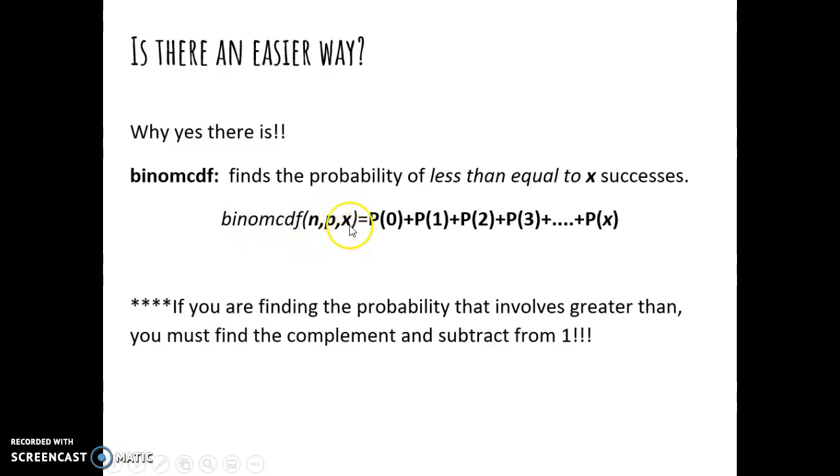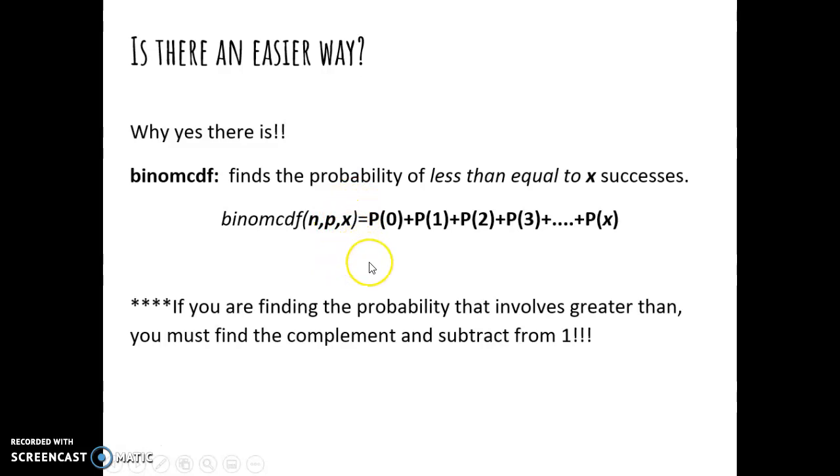The x here will have a slightly different meaning. It's going to start with the probability of 0, plus the probability of 1 success, plus the probability of 2 successes, plus the probability of 3 successes, and so on until it gets to the probability of whatever x is.